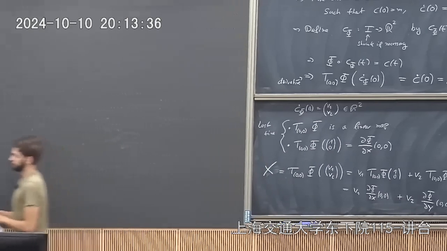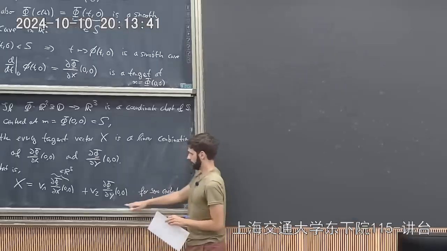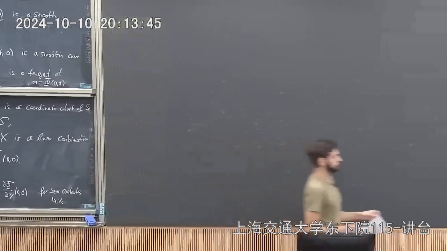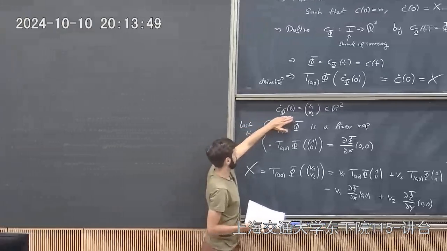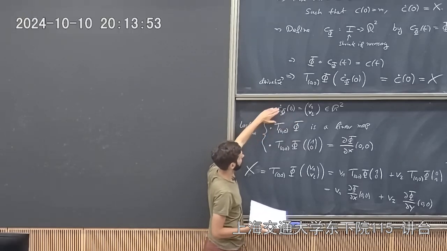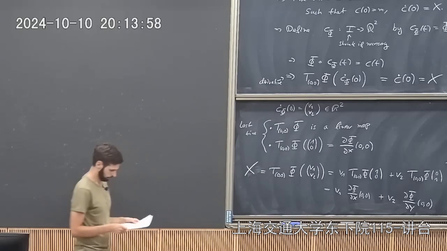And that's exactly the statement that every vector can be written in this way for some coordinates. So what this argument shows is that these coordinates are given by this construction, where you take a certain curve in R2 and then take the derivative at 0 of that curve.